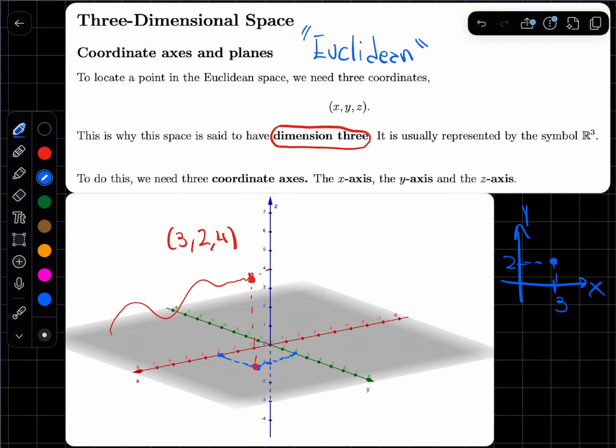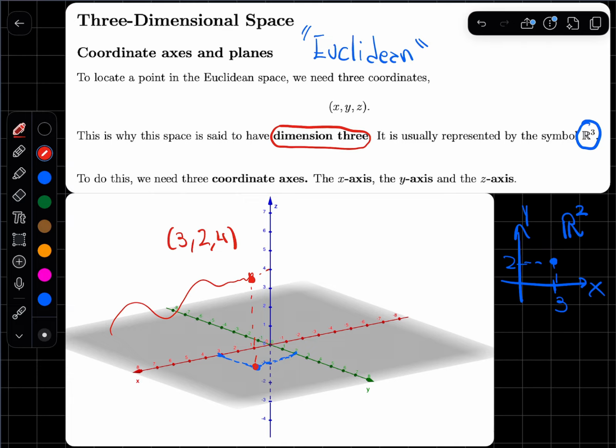Okay. Now these things that we're dealing with here have names, just like in the 2-dimensional space. So we use this symbol R2 to refer to the plane, to say that the thing has dimension 2, and so we're going to use the symbol R3. So R, just like for the real numbers, and a little 3 as the exponent to represent that it has dimension 3, meaning we need 3 real numbers to locate points.